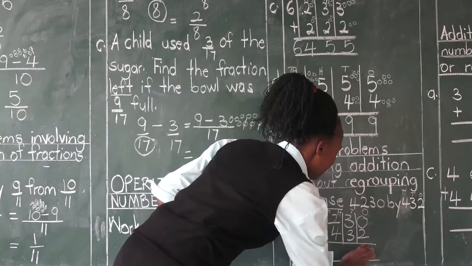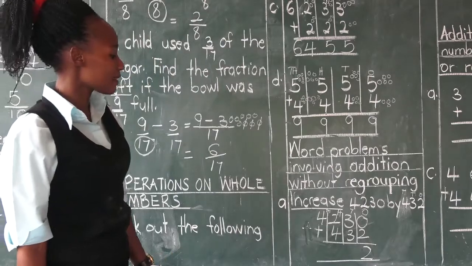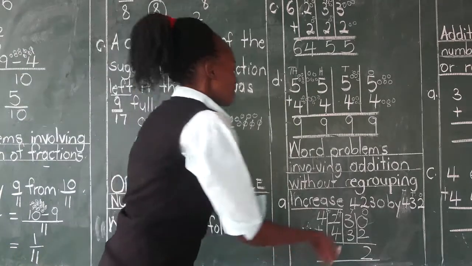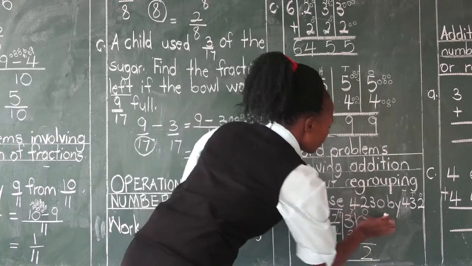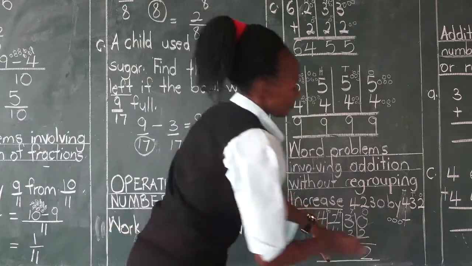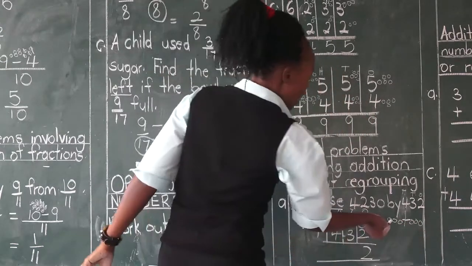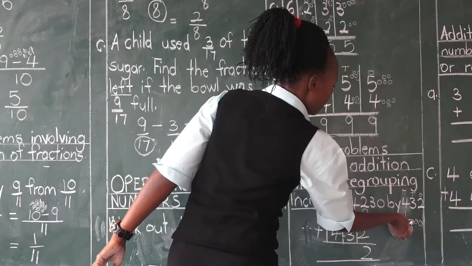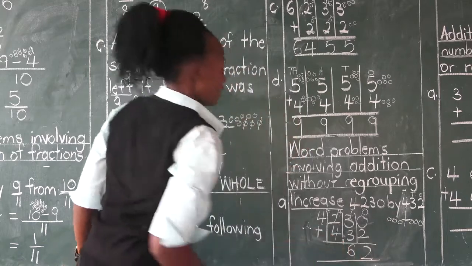And here we shall get number 2. Okay? Let's come to tens. Under tens we have 3 plus 3. 1, 2, 3 plus 1, 2, 3. Now we are going to put them together. 1, 2, 3, 4, 5, 6. 3 plus 3 we shall get 6.